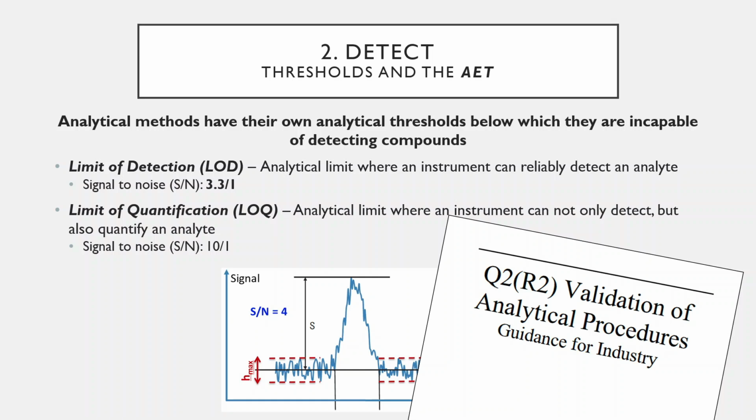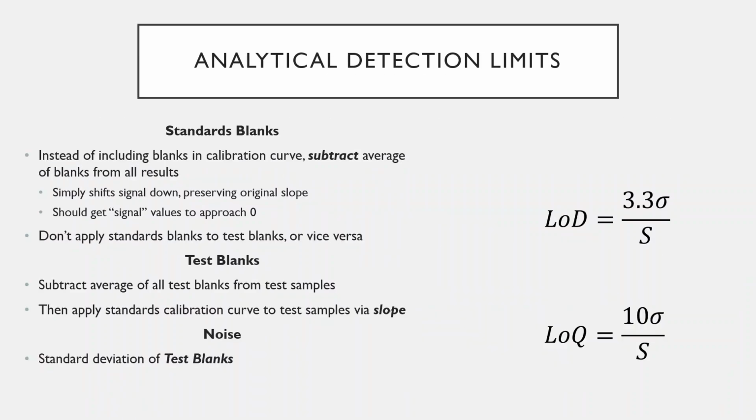And for the methods that we're going to choose, we're actually going to slightly alter our definition for the limit of detection, which is a signal to noise of 3.3 to 1, as opposed to a 10 to 1 for the limit of quantification, which holds true for both definitions that I've referred to. So in order to get that, we can actually understand the noise and learn how to apply those with both our standard blanks and our test blanks.